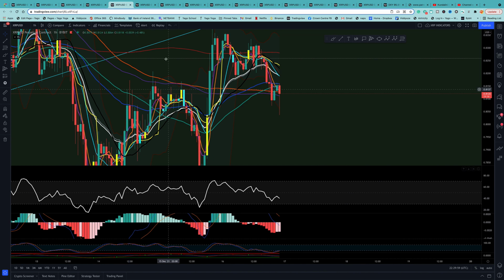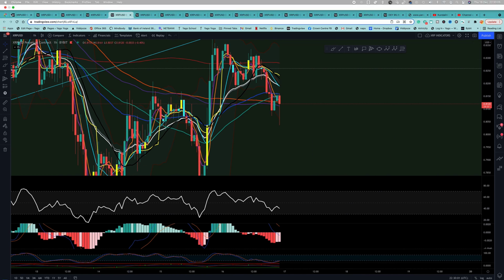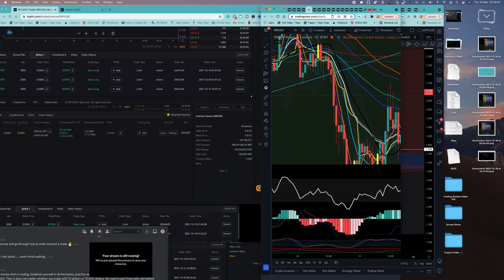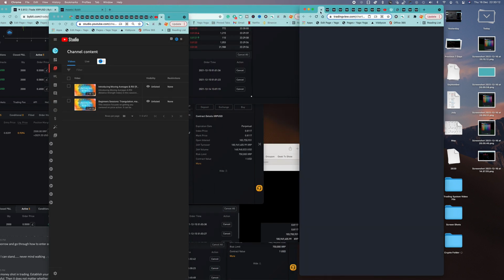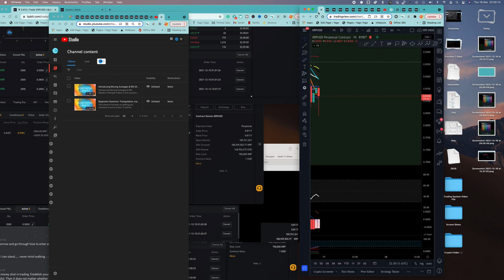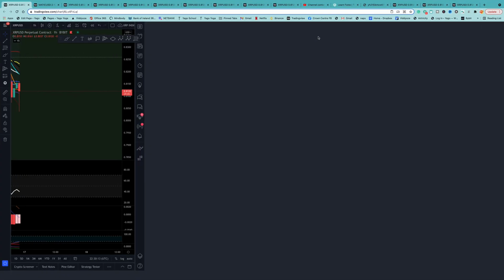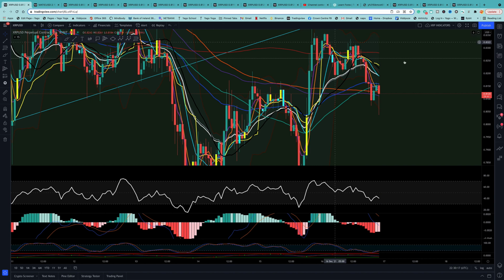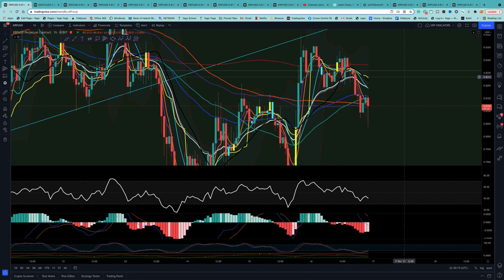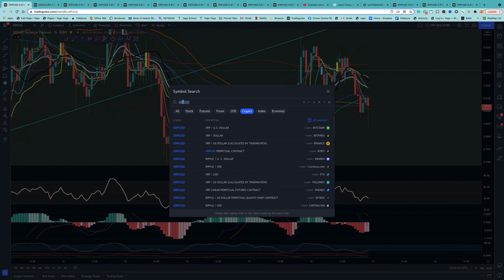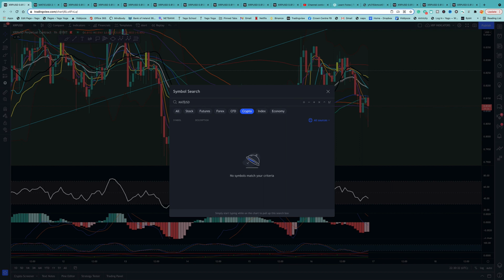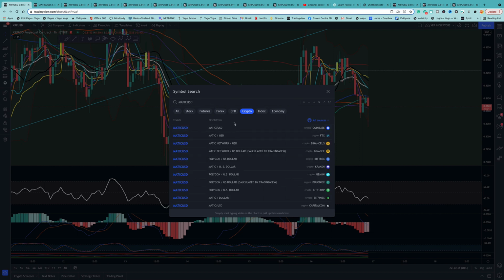There's my indicators there. I'm going to bring it over to here so you guys can see it. Can you see the green page now? Everybody can see that? Okay, super. So let me change it to MATIC USD.